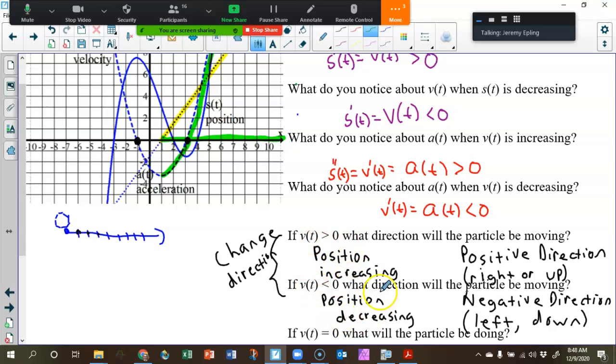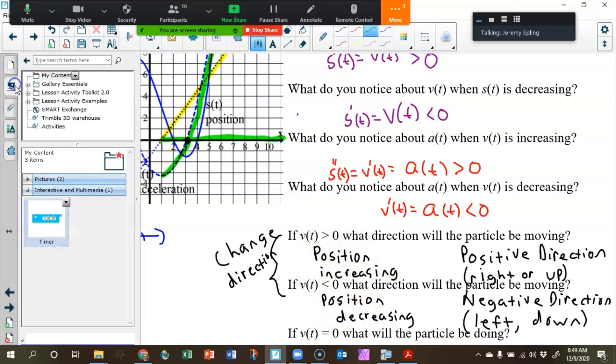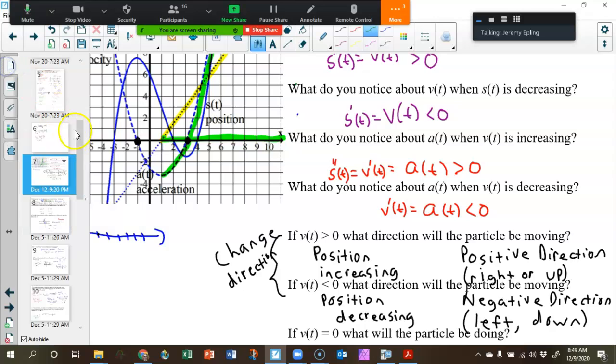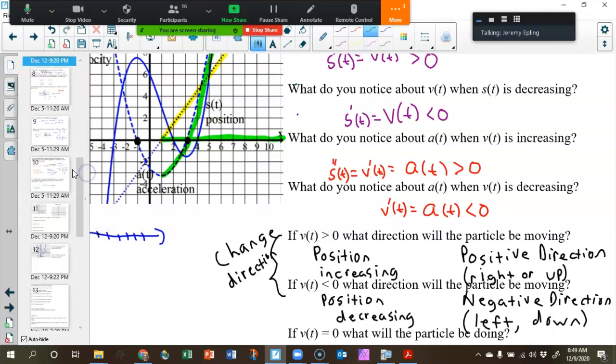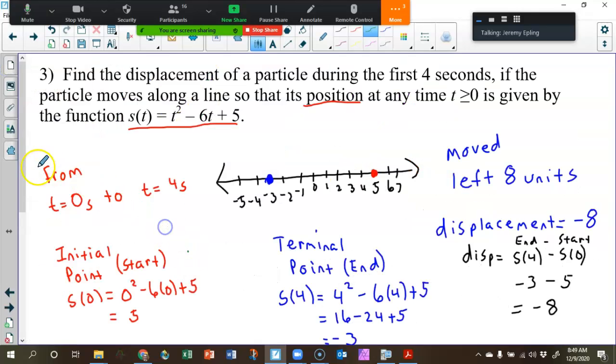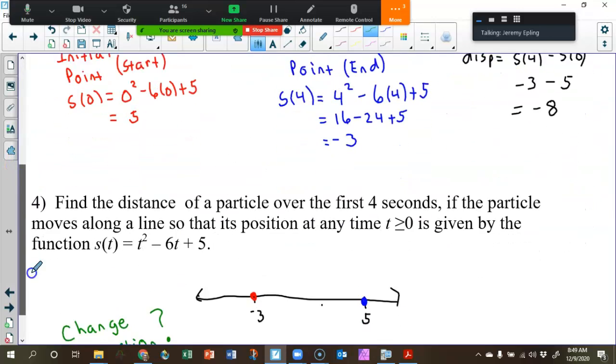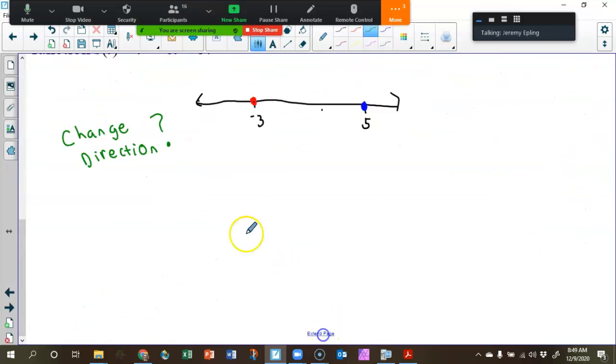So velocity will tell us about our direction. So in our little problem, if we want to know if we're changing direction, we want to know, is there a change in the sign of our velocity?